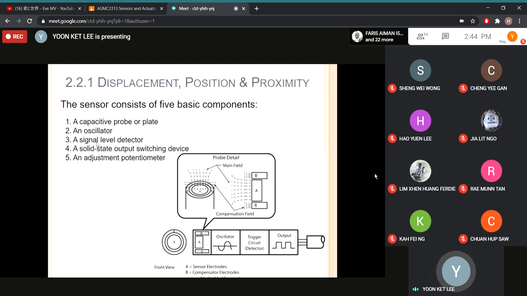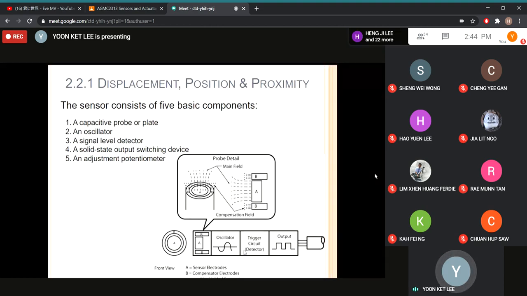This is your LED, this is your output, and this is your adjustment potentiometer. So you can adjust the value of your capacitance.